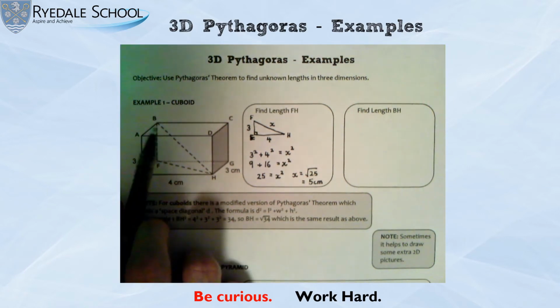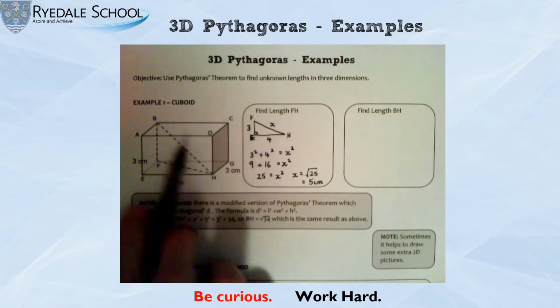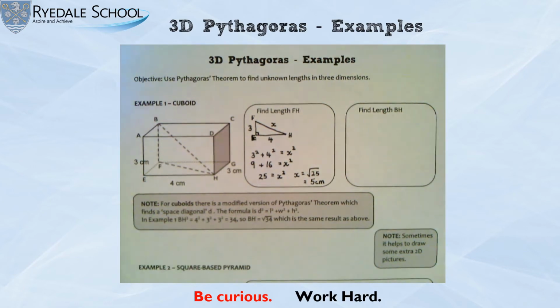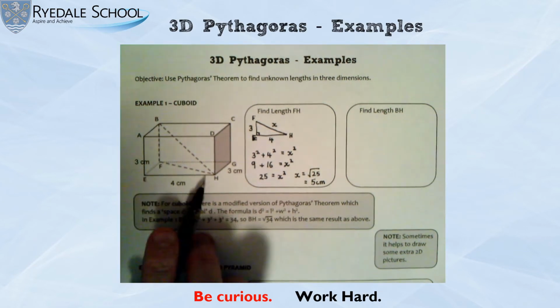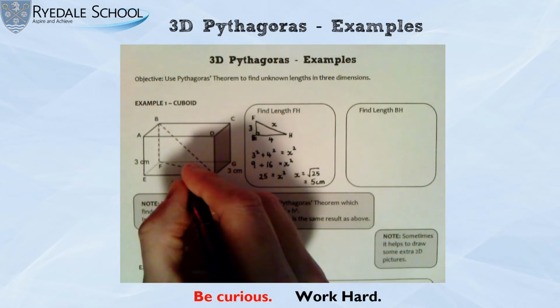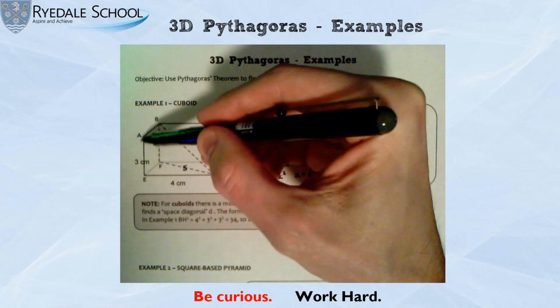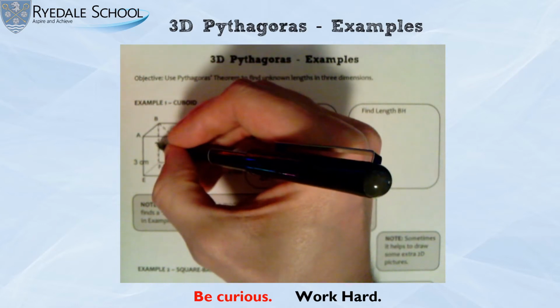Okay, we're now asked to find the length of BH, and this is why I've got this dashed triangle already drawn in. We already know that FH is 5. And we know this vertical length is the same as this one, so it is 3.